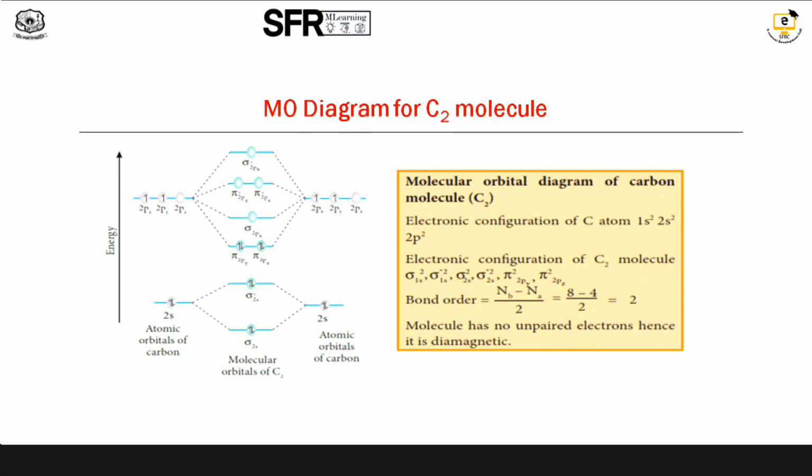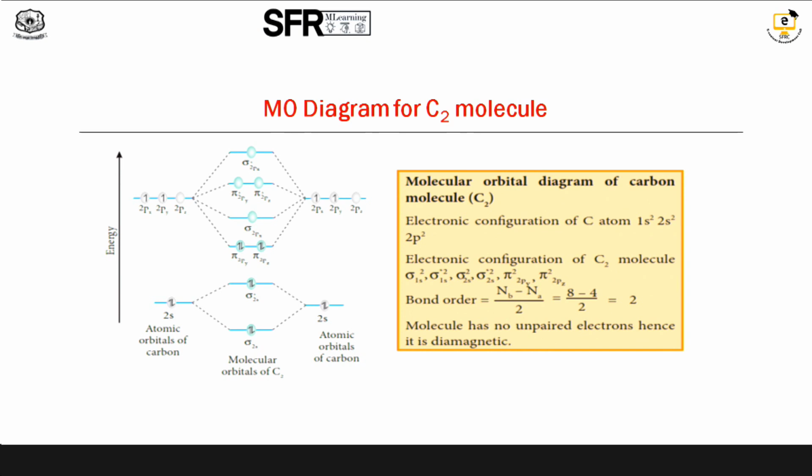For the bond order, the 2p atomic orbitals have 4 electrons in bonding, so it is 4 by 2, which is equal to 2. So the bond order for the carbon molecule is 2.